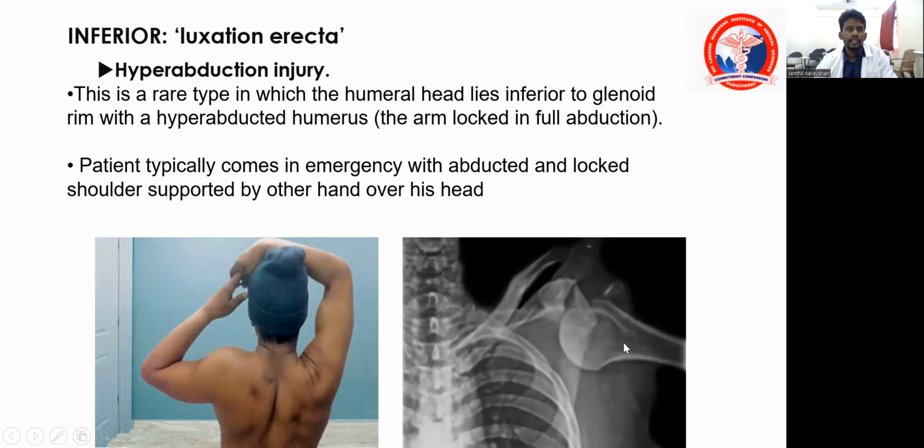So you can see the luxatio erecta is the inferior dislocation of the shoulder, presenting with a hyperabducted humerus.